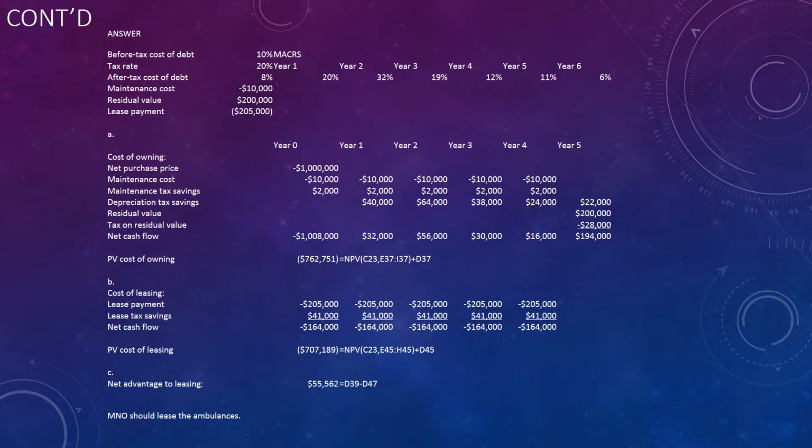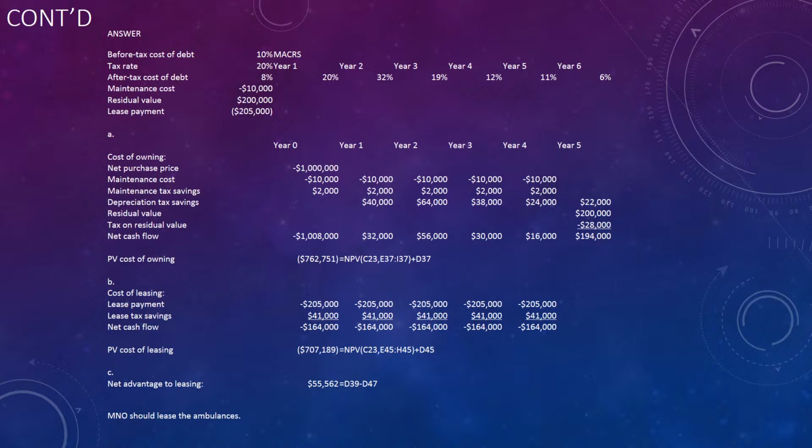That comes down to your net cash flow per year. So the actual cost of owning is the net present value, taking into account all our calculations up here. Our cost of owning is $762,000. Our cost of leasing is essentially the lease payments. So we've got our lease payments and the lease tax savings of $41,000, because we've got a 20% rate, right? $41,000 is 20% of $205,000.